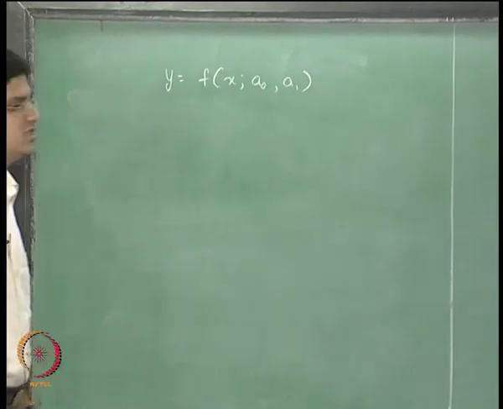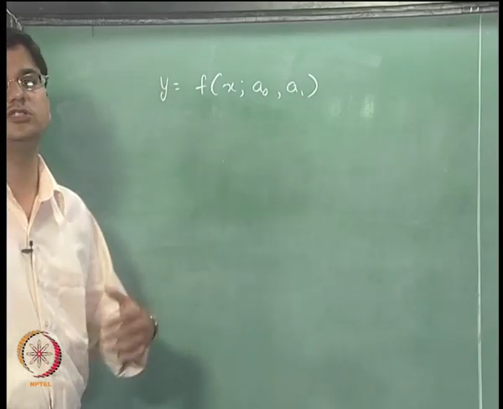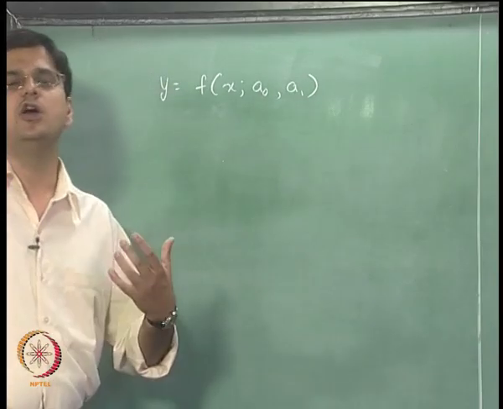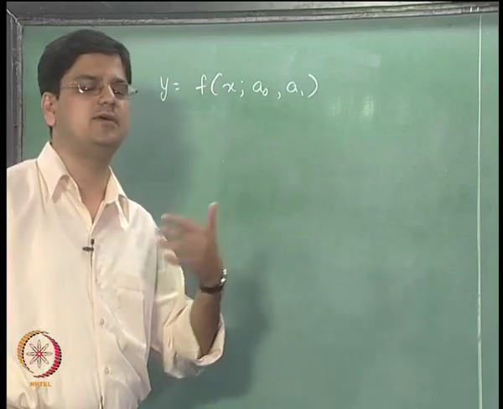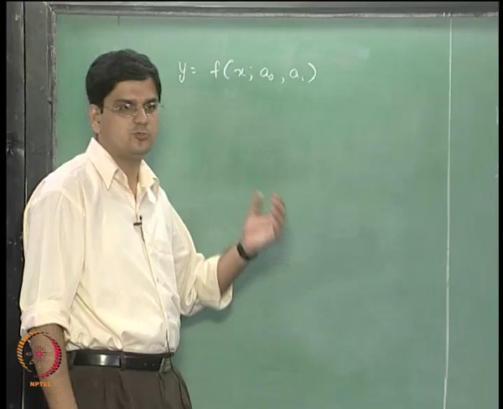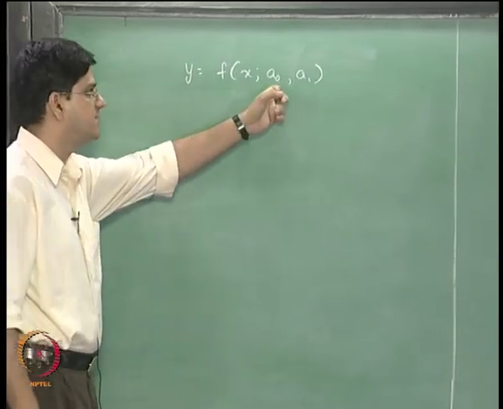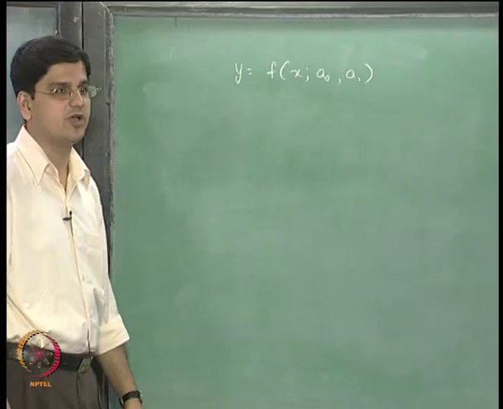Okay, in this particular case, what we will do is we will use a similar idea that we used earlier, for example in Newton-Raphson's method or any of the earlier methods. What we will do is we will linearize the equation f with respect to a0 and with respect to a1.